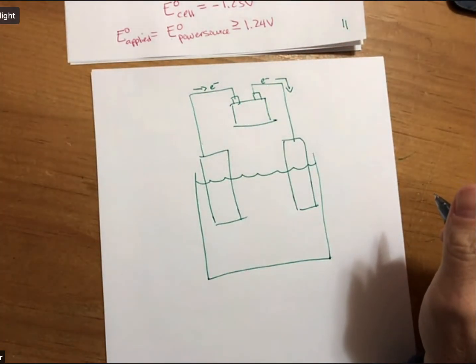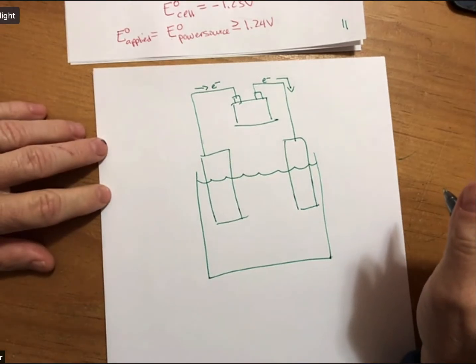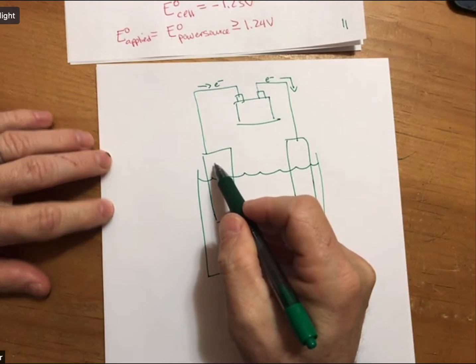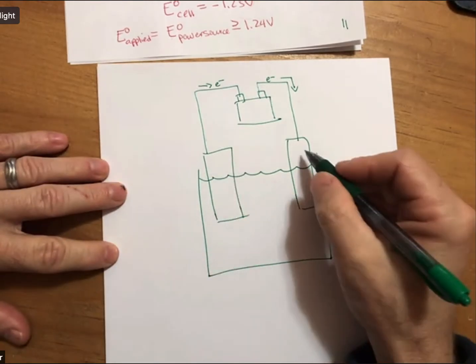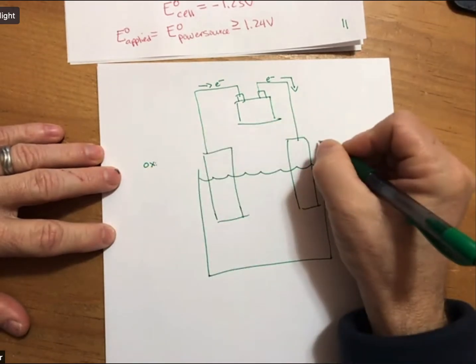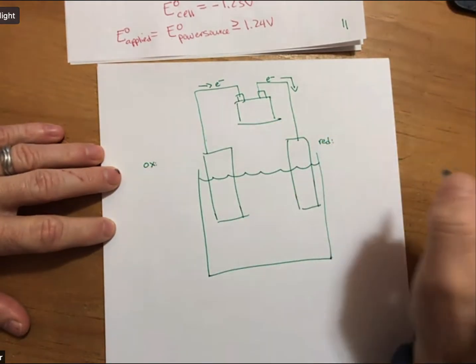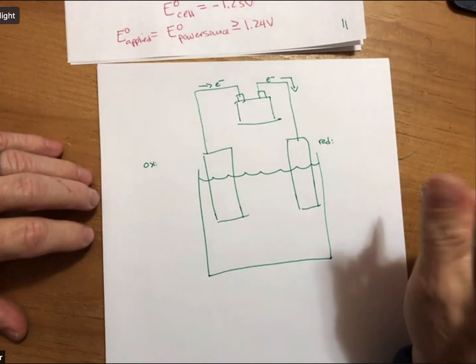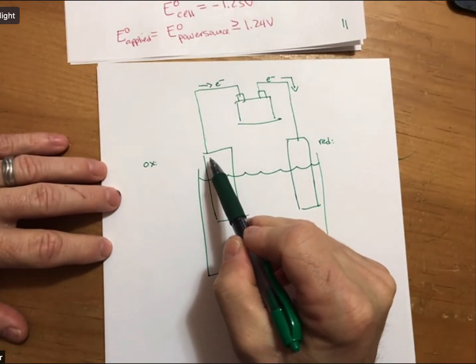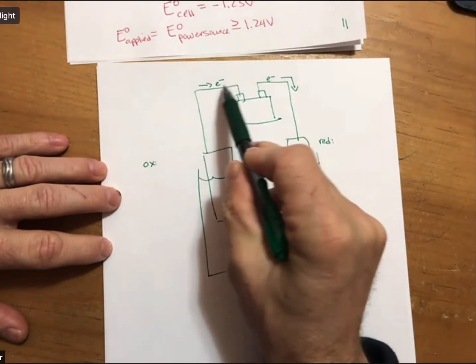It doesn't have to be like that, but it helps me stay organized. That means that my oxidation is over here and my reduction will be over here. Because oxidation for electrolytic cells, electrolysis cells, still means lose electrons.